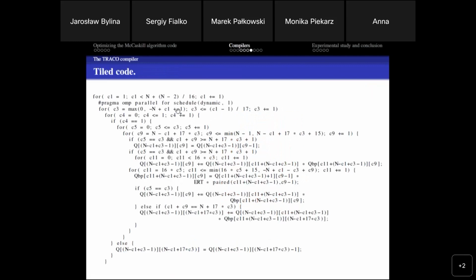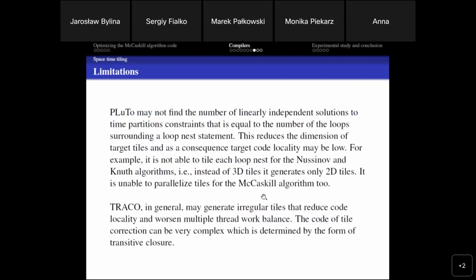As you can see, the second program loop is parallel, but we have different tiles with different amounts of statements, so the grains are of different sizes. Besides, we showed in the past that Pluto, for example, is not able to tile all program loops, like in the Nussinov algorithm, and with Traco it is possible, but the code has irregular tiles, and this is what we wanted to correct.